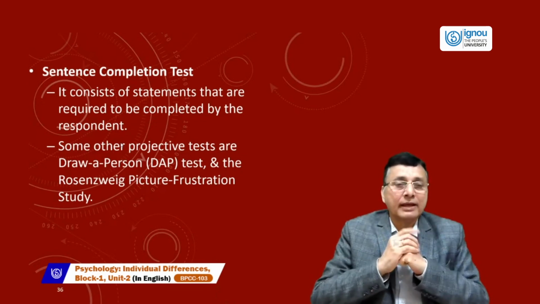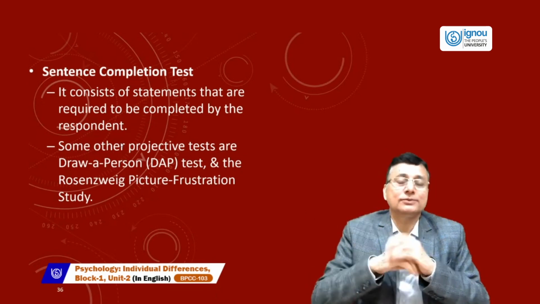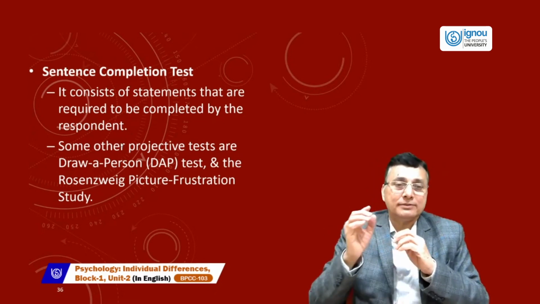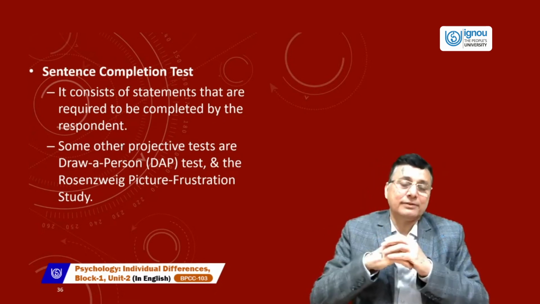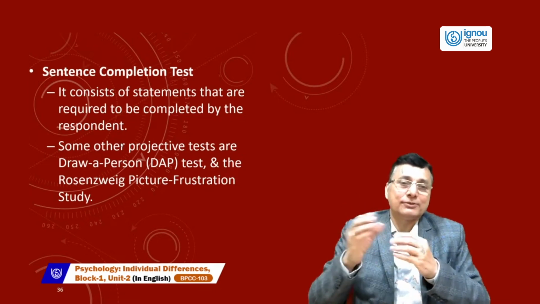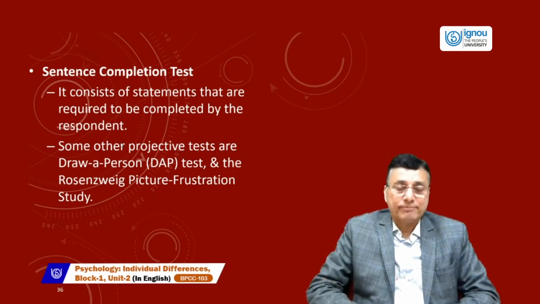For example, "My father was..." and then dot dot dot. So the client has to fill it in. My father was very loving, or my father was very angry. So it shows the way the sentence is completed.